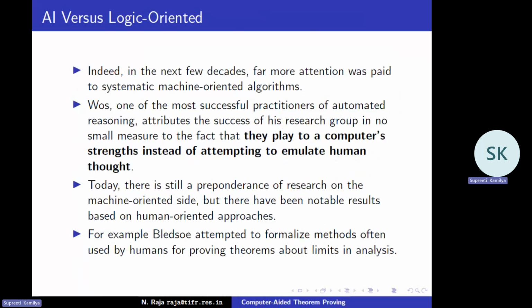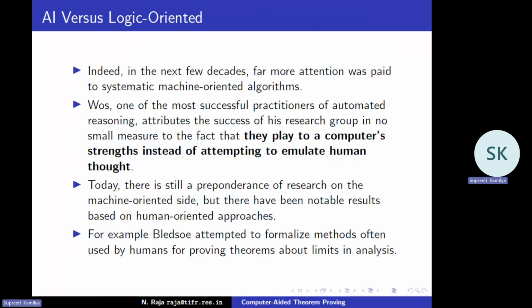So with the success of Martin Davis's work, over the next few decades, far more attention was paid to systematic machine-oriented algorithms to do proofs. And Larry Wos was one of the most successful practitioners.